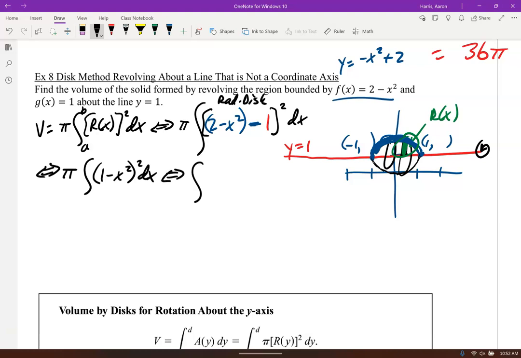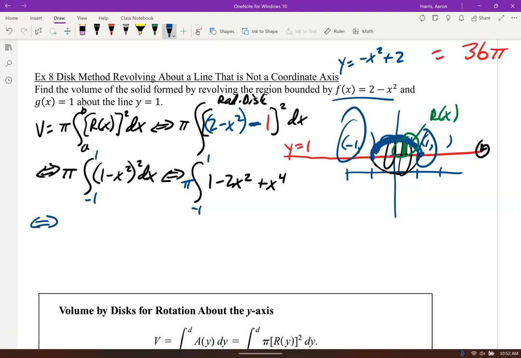So we got 1 minus x squared times 1 minus x squared, which is 1 minus 2x squared plus x to the 4th. And we're going from negative 1 to 1, right? Negative 1 to 1 is my lower and upper bounds here. And so let's go ahead and integrate that.